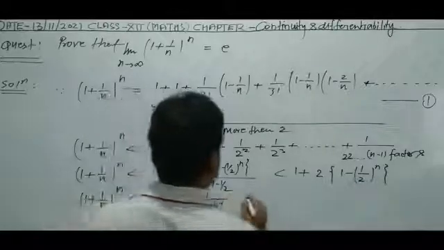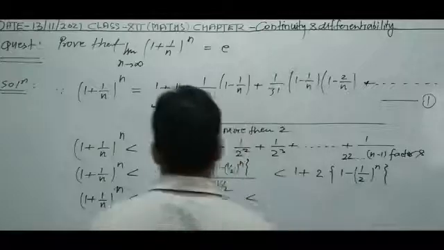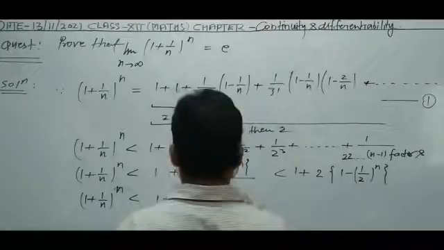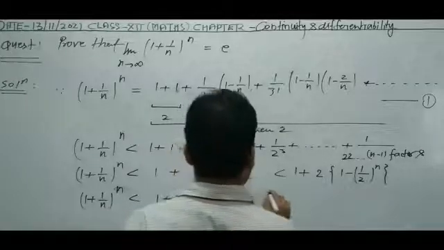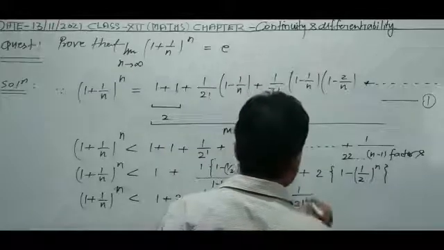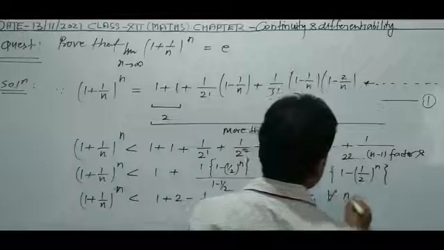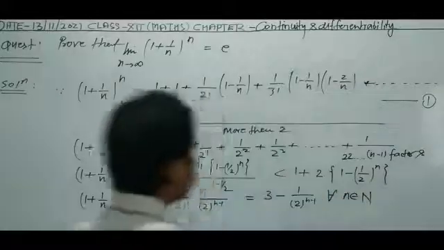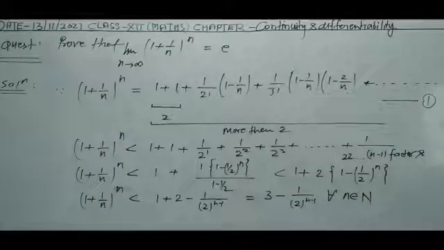And now this result is 3 minus 1 upon 2 to the power n minus 1, for all small n belonging to natural numbers. So it is less than 3.